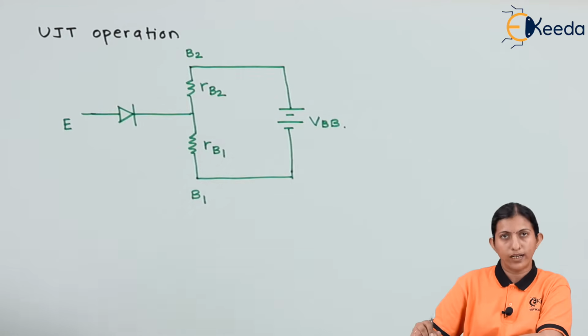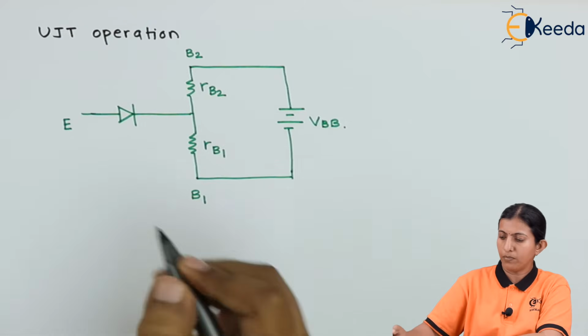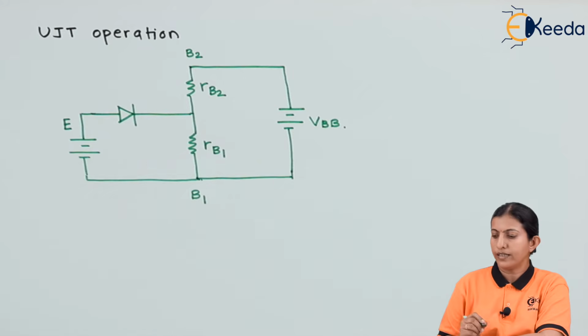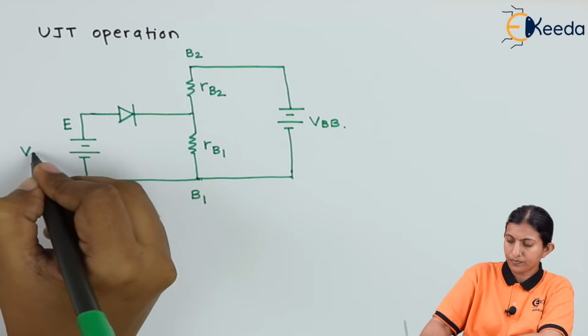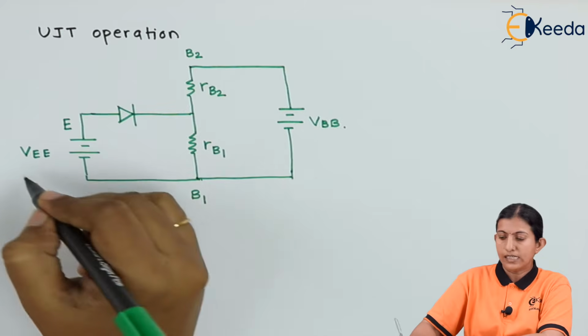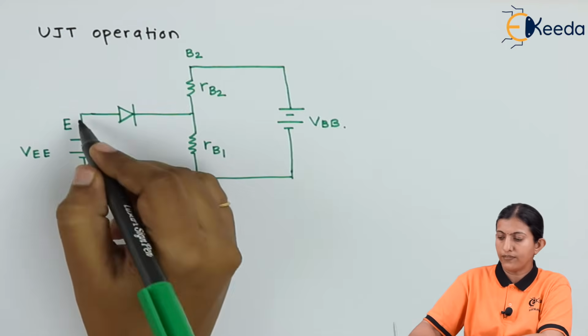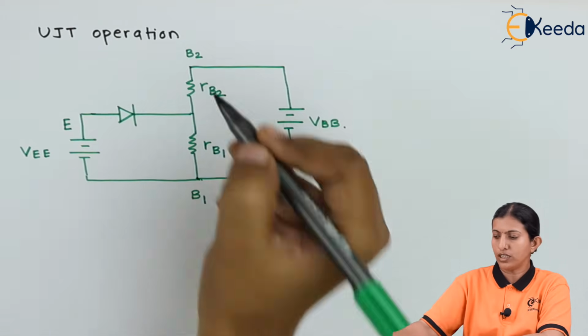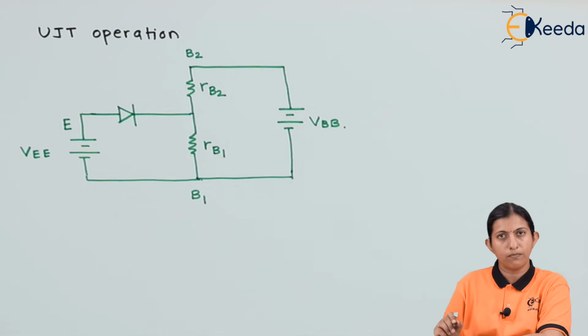And we provide a supply voltage between the emitter and base 1, which is VEE. This is the supply voltage given between the emitter and base 1, and VBB is the supply voltage given to base 2 and base 1.